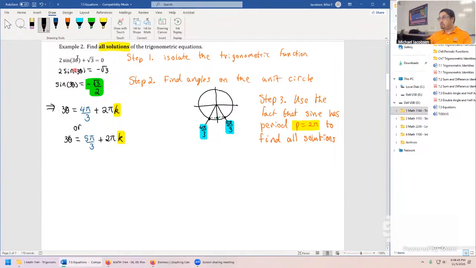So the solutions to this original equation goes theta equals, divide by 3 here, gives us 4 pi over 9, plus 2 pi k thirds, or do it again on this one, divide by 3. Theta equals 5 pi over 9, plus 2 pi k thirds. And let me correct some of my penmanship there.